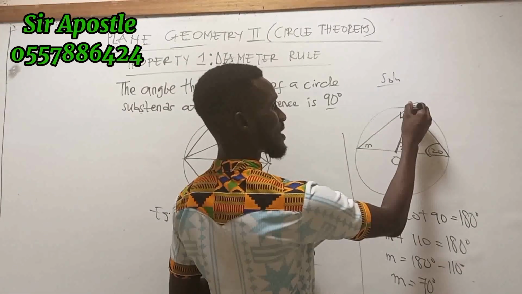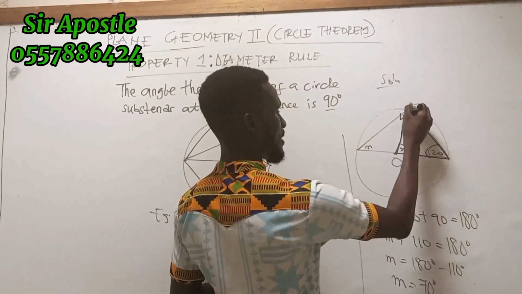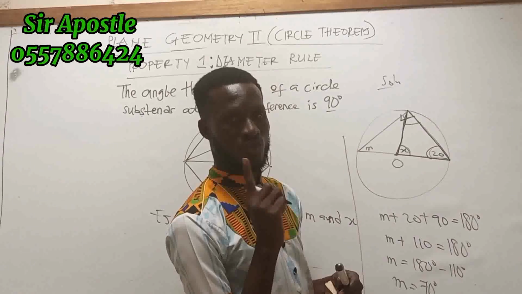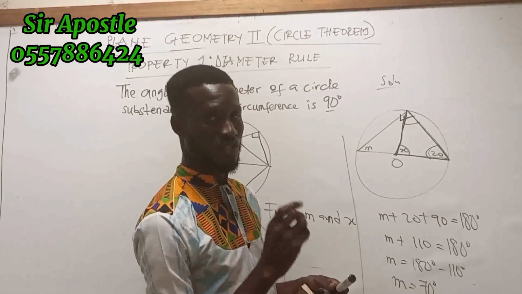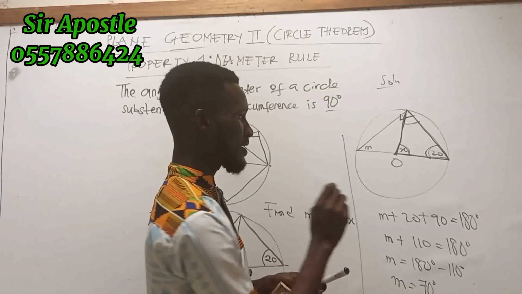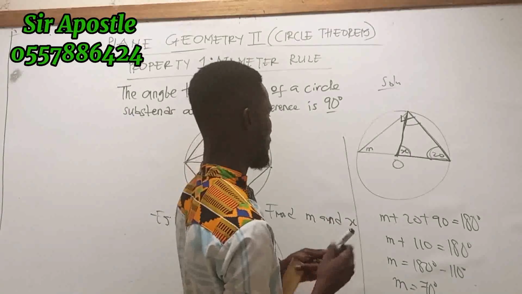Now, this one is a triangle, and we have types of triangle: equilateral triangle, isosceles triangle. I can see that this particular triangle is an isosceles triangle. Why? Look at something.